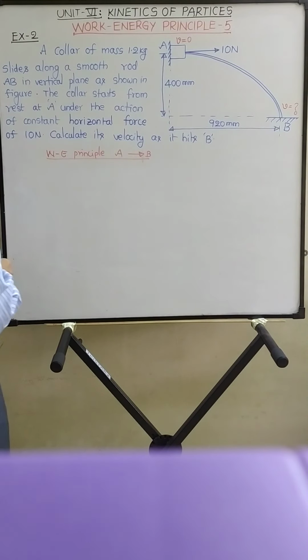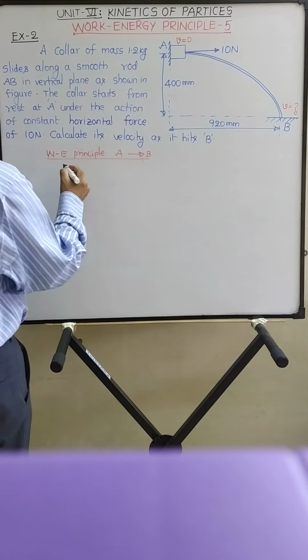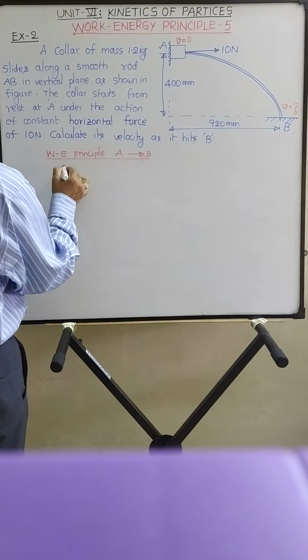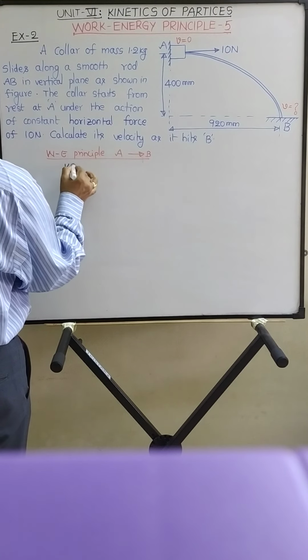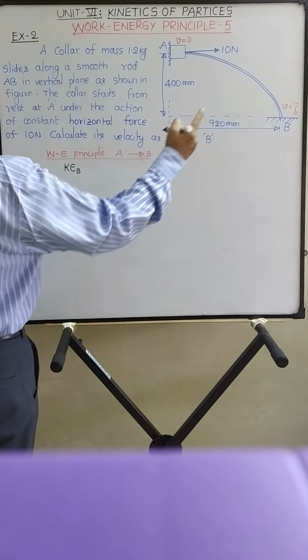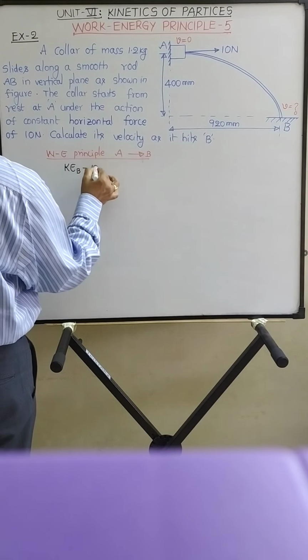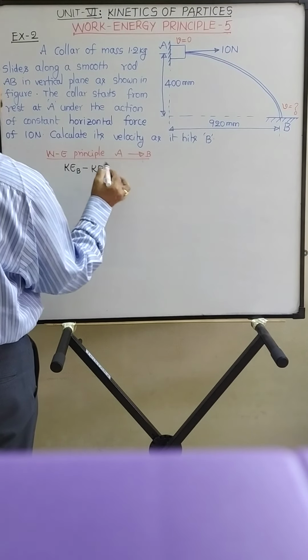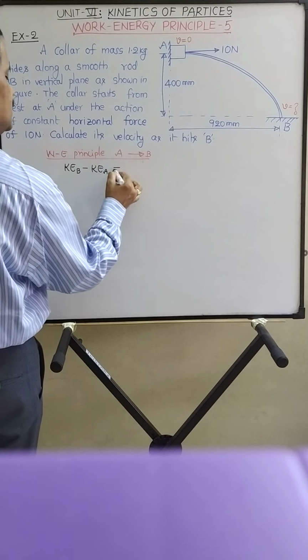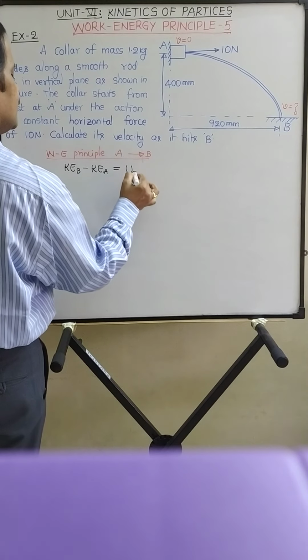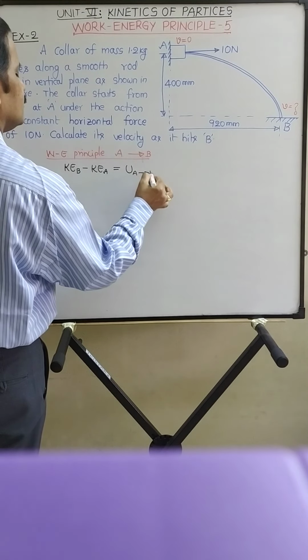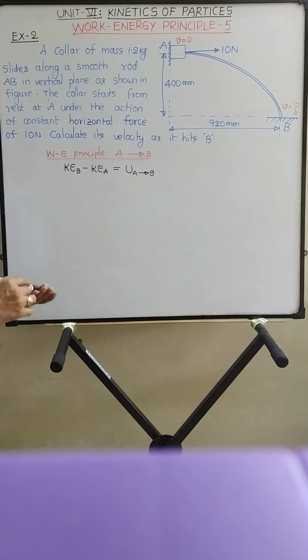So what is the work energy principle? Change in kinetic energy is equal to work done. That is final kinetic energy, that is kinetic energy at B, minus initial kinetic energy, change in kinetic energy, is equal to work done between the two positions.